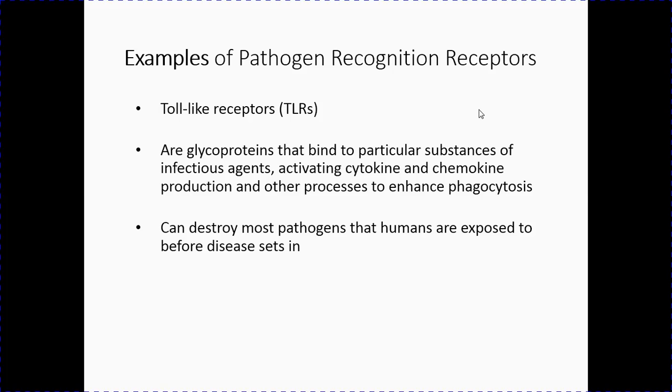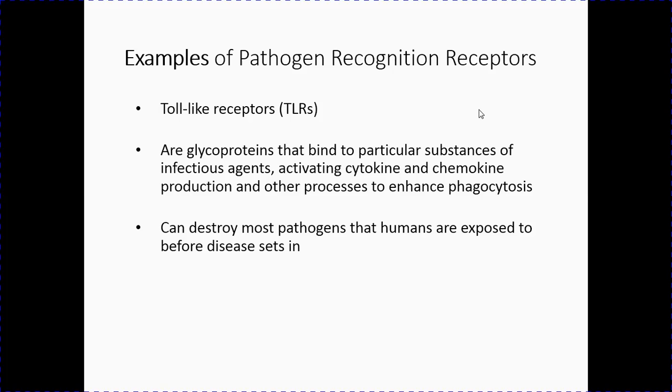I'm going to refer you guys to page 34. Yep, 34 of your book as we do this. So I'll wait 2 seconds, and while I'm speaking, you can go to page 34. And we're going to talk about toll-like receptors.